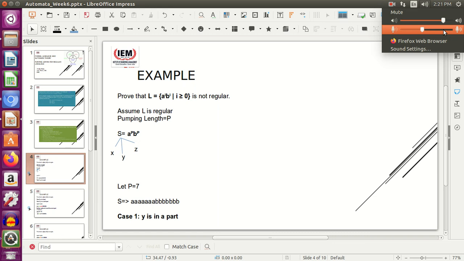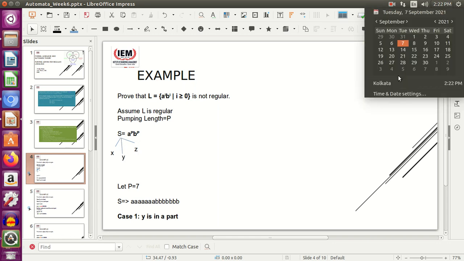Next, we can divide the string that we have into three parts consisting of x, y, and z. First part is x, next part is y, and the last part is z. So that is what I have shown over here, that s is getting divided into x, y, and z.